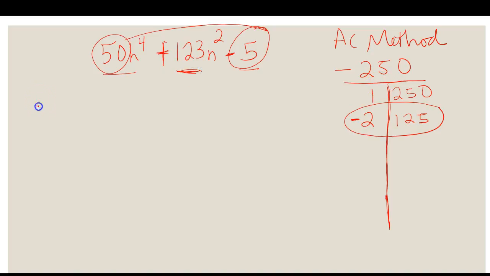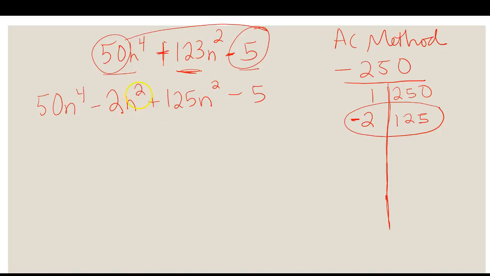So we found it. We're going to expand the 3 terms to 4 terms. I'm just going to put -2 since it's first, but you could have put plus 125n squared. I'm going to put n squared, obviously, because my middle terms must add up to 123n squared.